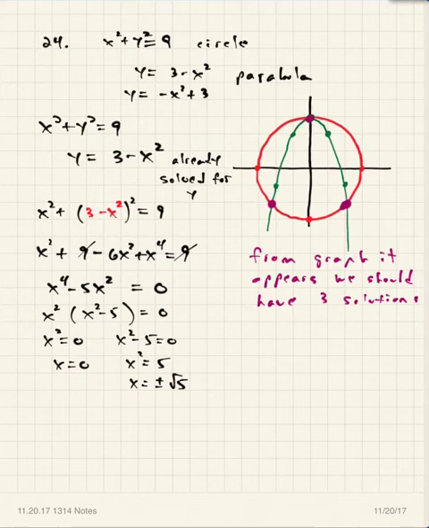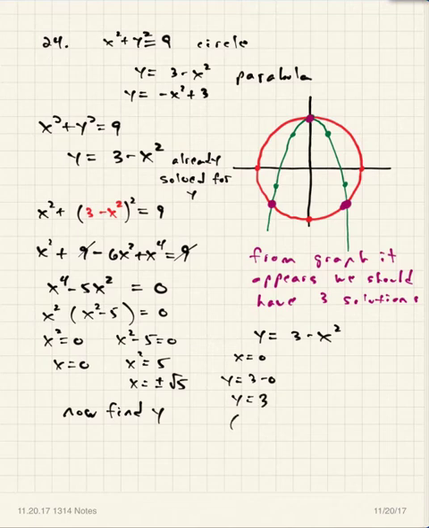All right, so then use the equation to find y. I use the equation y equals 3 minus x squared, and when x is 0, you get y equals 3 minus 0 squared, so y equals 3. And so that's my intersection point 0, 3, which we found on the graph.